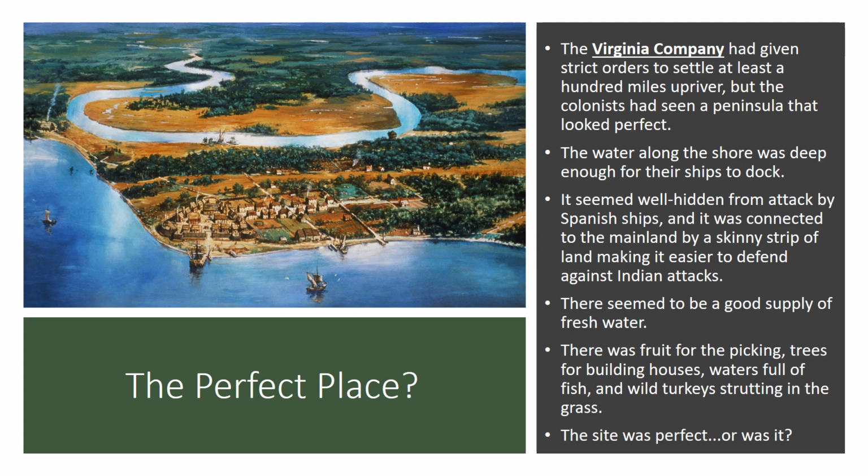It seemed well hidden from attack by Spanish ships, and it was connected to the mainland by a skinny strip of land, making it easier to defend against Indian attacks. There seemed to be a good supply of fresh water. There was fruit for the picking, trees for building houses, waters full of fish, and wild turkeys strutting in the grass. The site was perfect. Or was it?